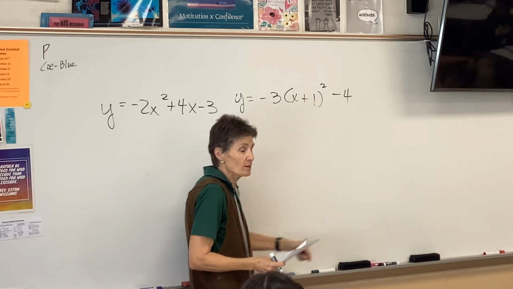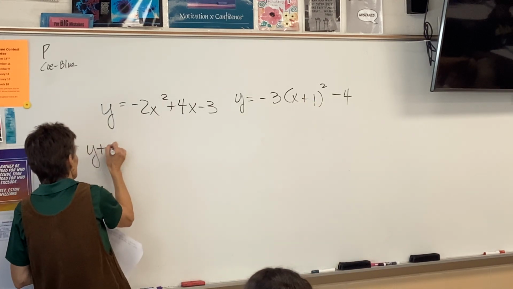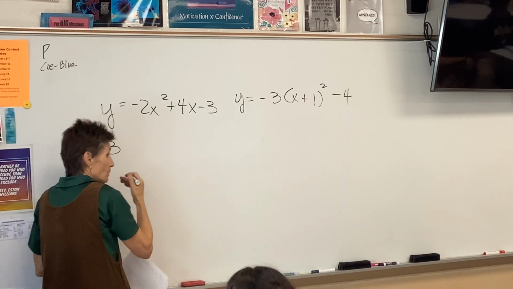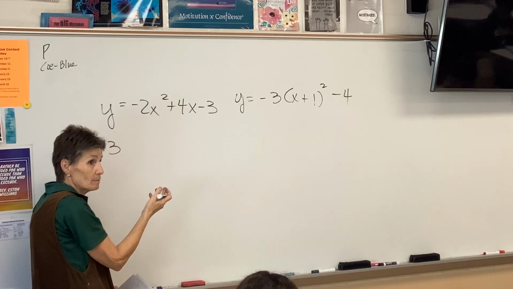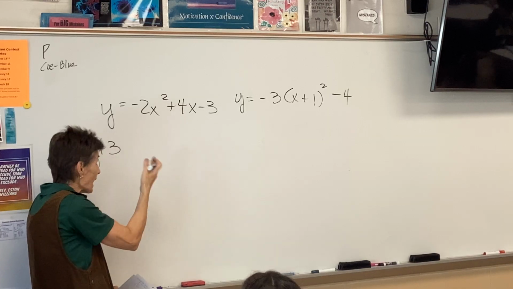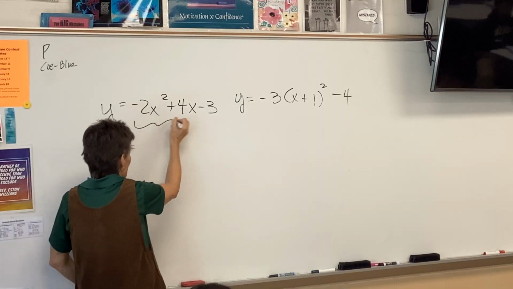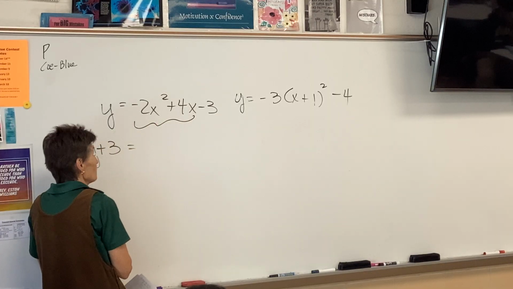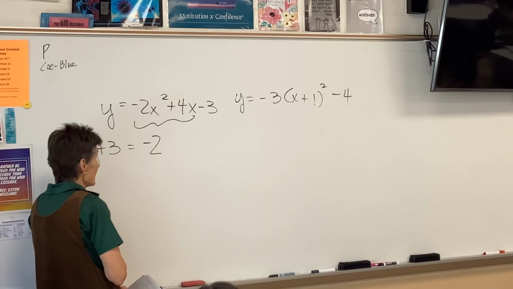Right? So here's what I'm going to do. I'm going to add the 3 to the other side. And remember, can I move it back later on if I want to? Yeah, so I'm not going to worry. I'm just going to add it to the other side, get it out of there. Then I'm going to take the x part and I'm going to factor out the -2.